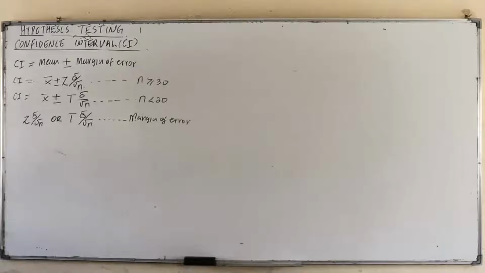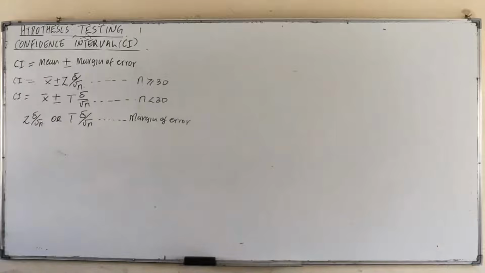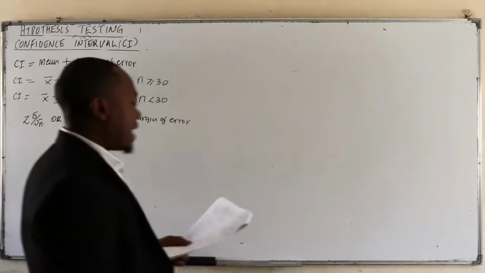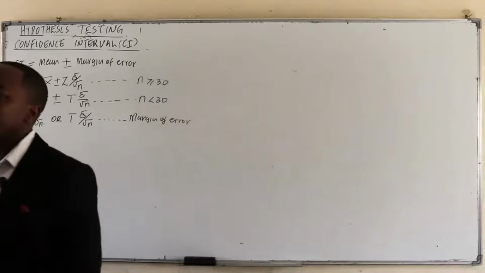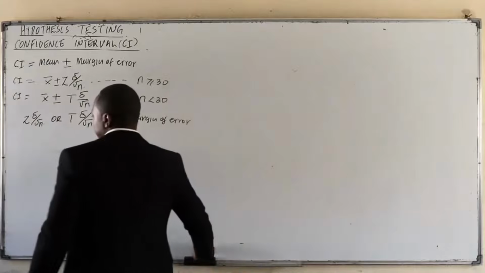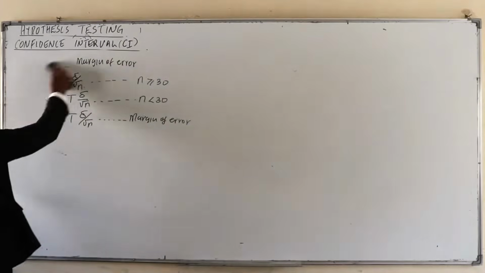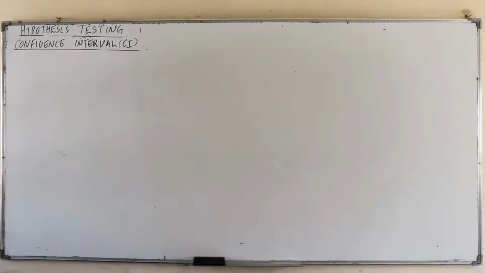Let's do an illustration. Illustration one. A sample of 100 fluorescence tubes from XYZ Limited gives a mean length of 20.5 hours with a standard deviation of 1.6 hours.